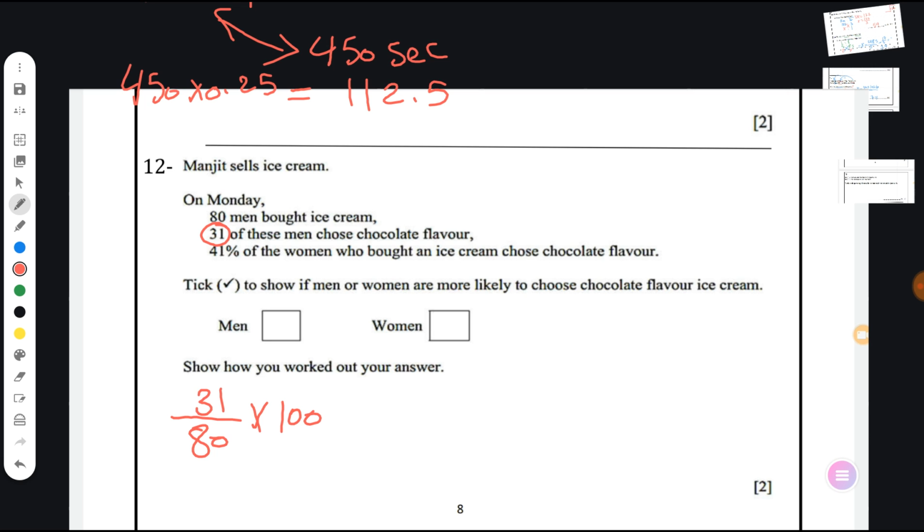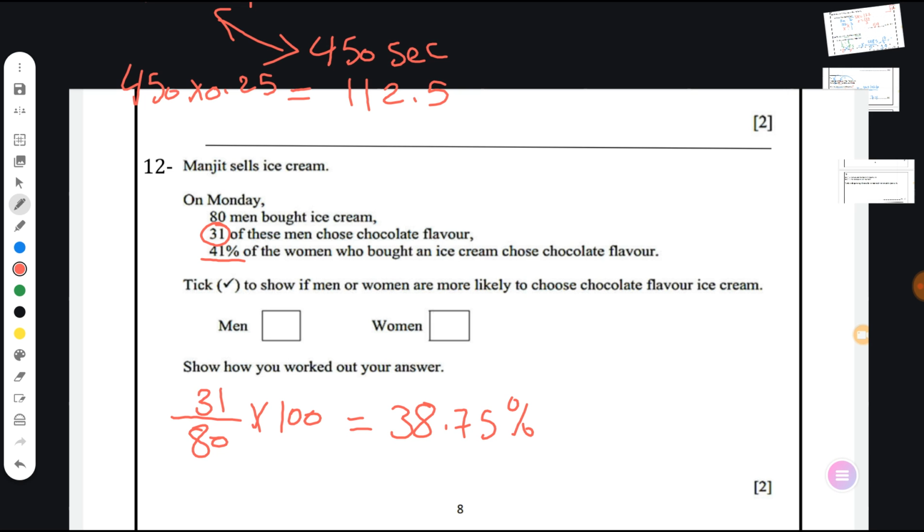If you want to convert to a percentage, you multiply by 100. If you want to convert from a percentage to a number, you divide by 100. So multiplying by 100, it will be 38.75 percent.